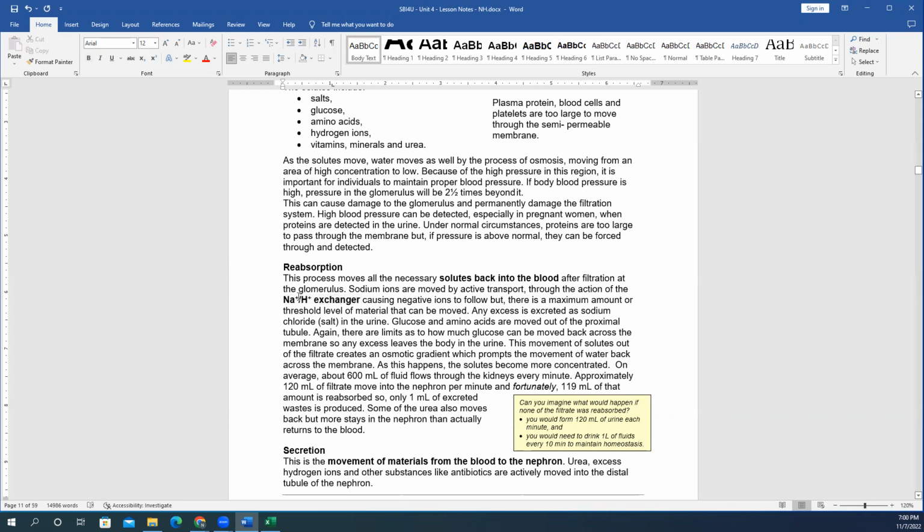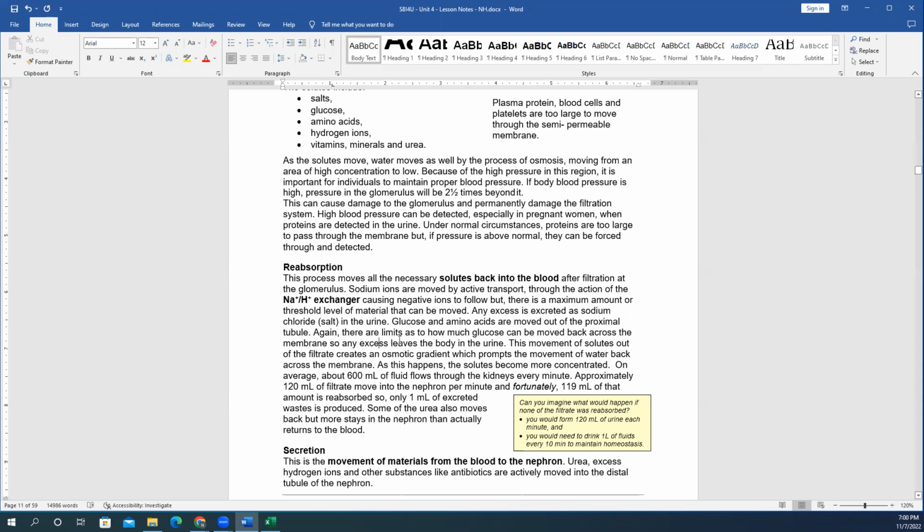Because these are positively charged ions, they cause some negatively charged ions to also follow, but there is a limit to the amount, a threshold level of material that can be moved. If you have any excess, it gets excreted as sodium chloride, which is salt, into the urine.